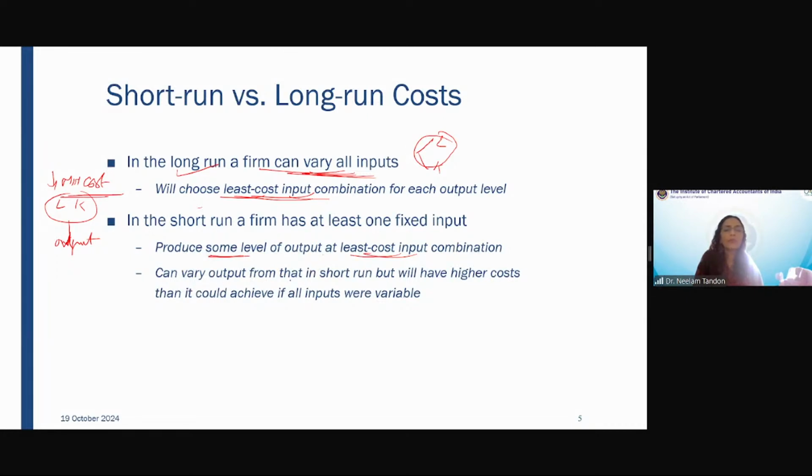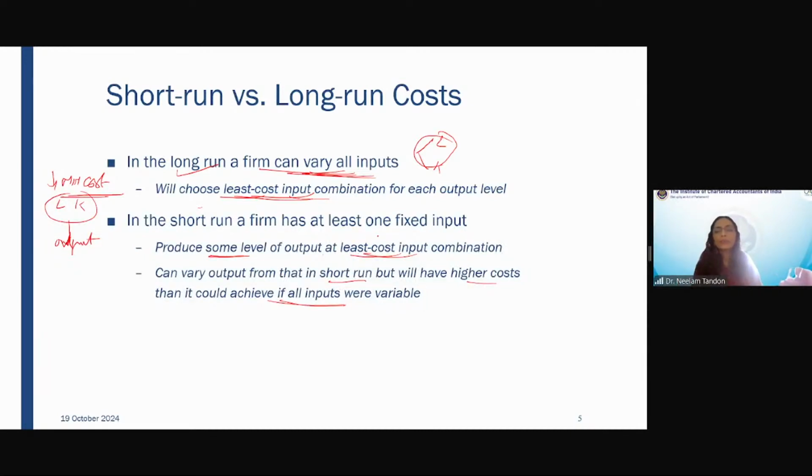Okay, can vary output from that in the short run, but will have higher cost than it could achieve if all inputs were variable. So it will always operate in the short term where they can minimize the level of least cost input combination.